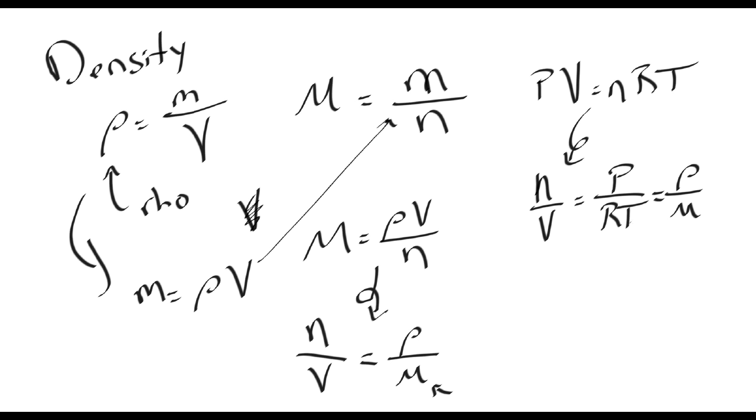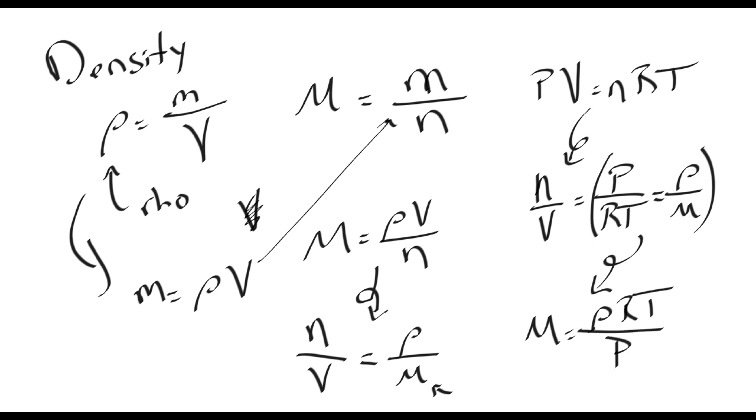Because we can rearrange this part here to get capital M is equal to rho RT over P, or dRT over P, which is why I call this the dirt pile. Not for any particular reason, except that maybe that'll help you remember it.